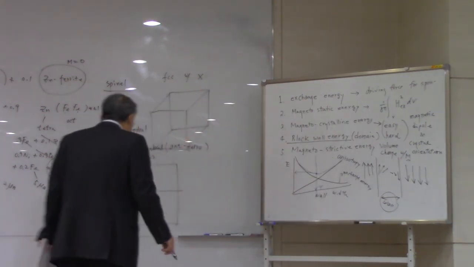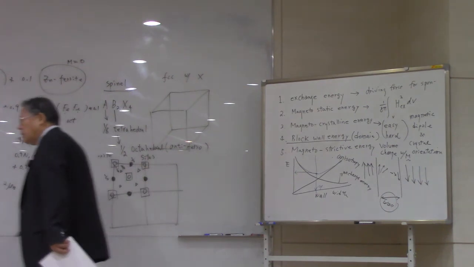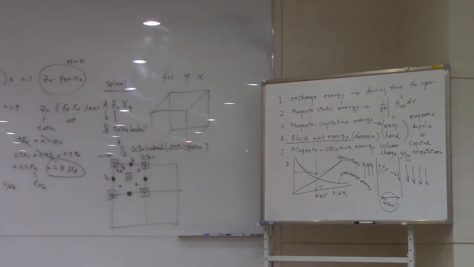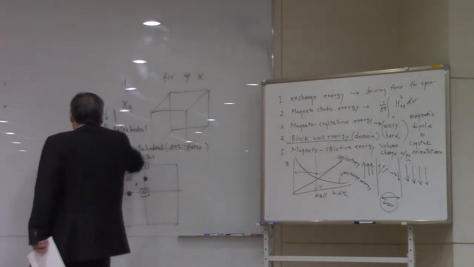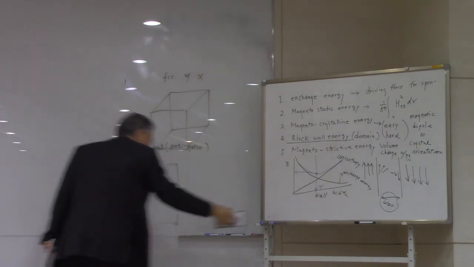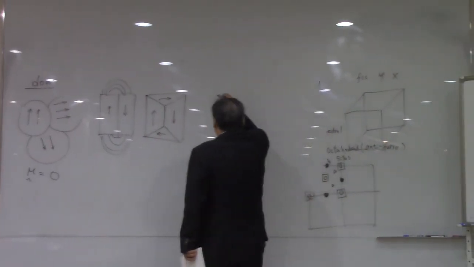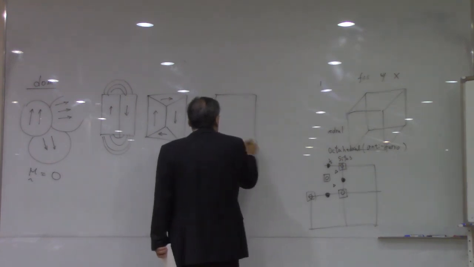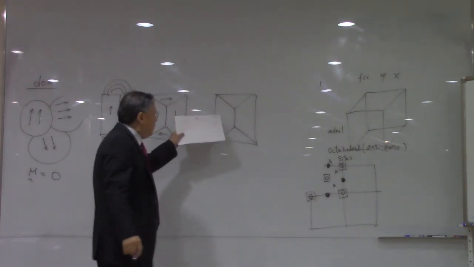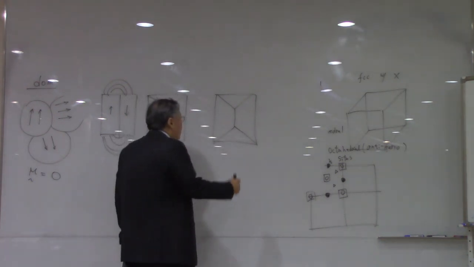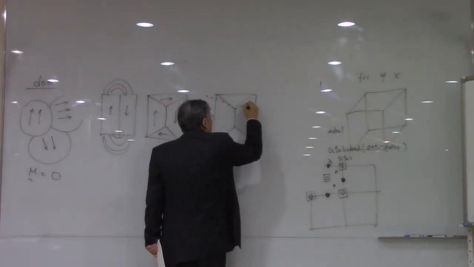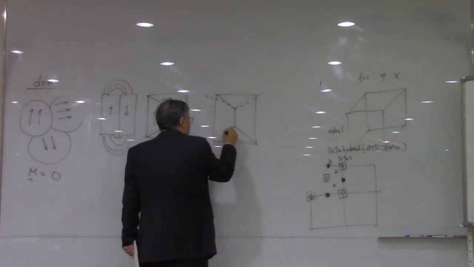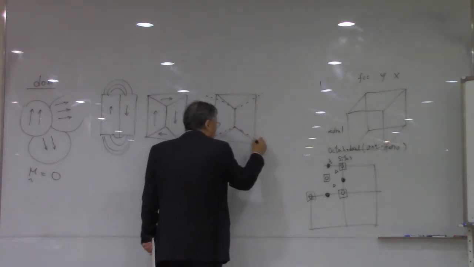So in this magnetostrictive energy, you can see that if you have magnetic materials with these big domain boundaries, then with the magnetization, it does have a volume change, something like this.